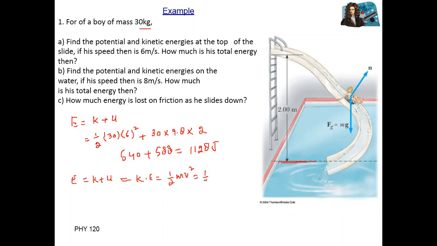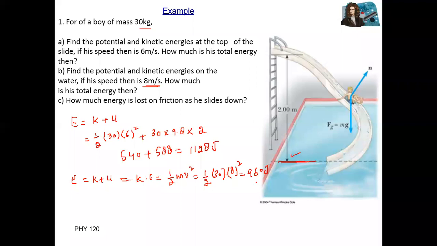So half, where mass is 30, multiplied by velocity. Speed is given as 8 meters per second. So 8 square multiplied by 30 divided by 2 equal to 960. So 960 joule at water level.